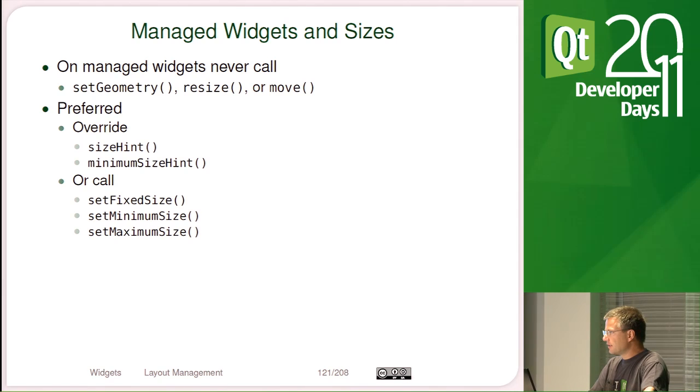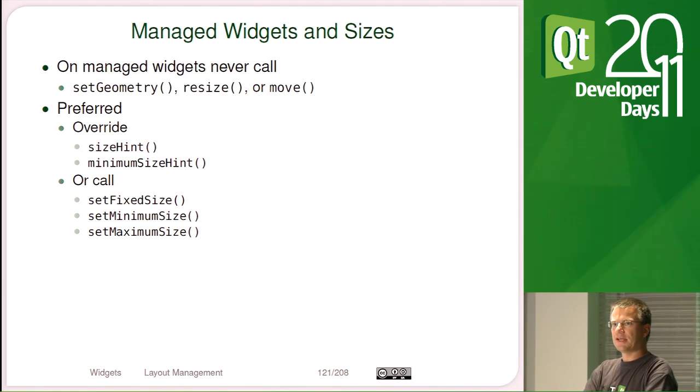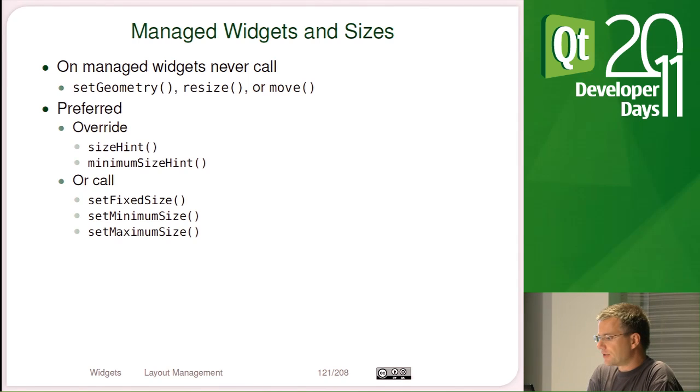Instead of calling these functions, we have to tell the layout manager what to do and which widget can increase its size, or we can define the size hint. The size hint is the preferred size for a widget, let's say the default size.